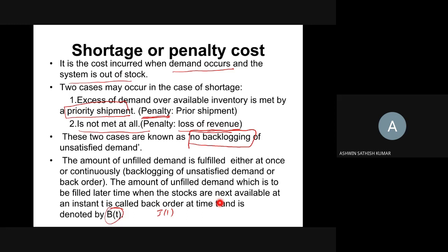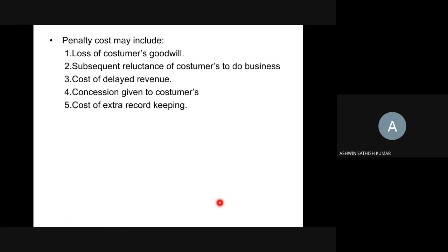And if you assume the penalty cost, the shortage cost may include the loss of customer goodwill, meaning when you are not able to fulfill the customer demand, naturally he will go somewhere else. Next time that customer will go to that other shop only.